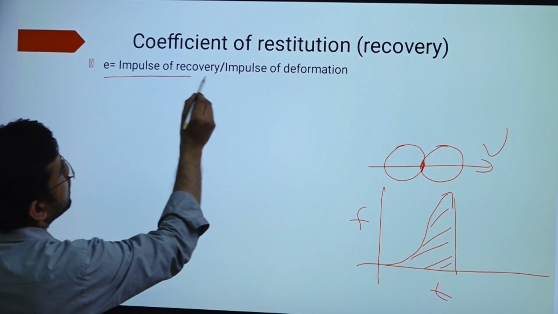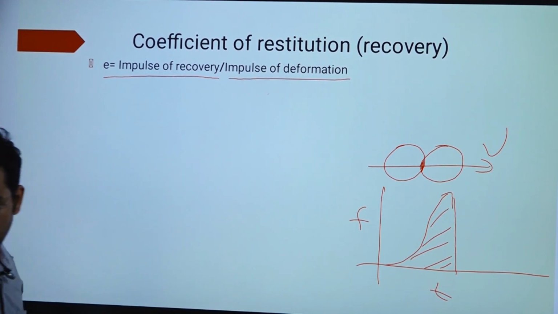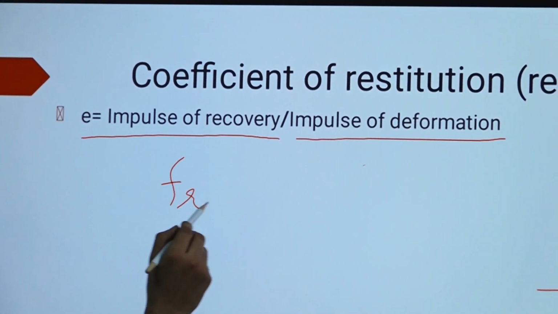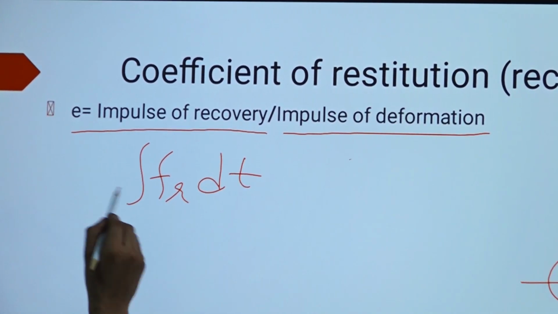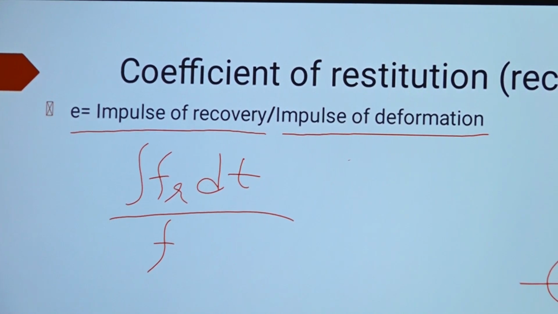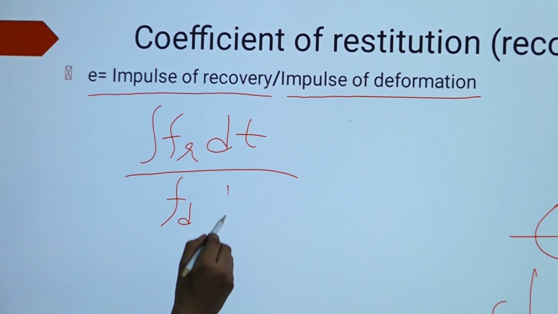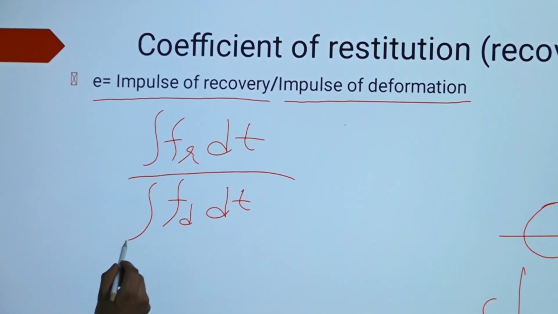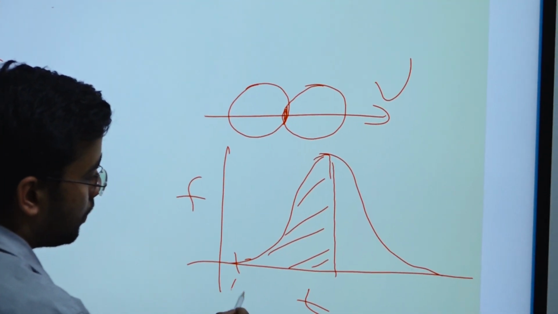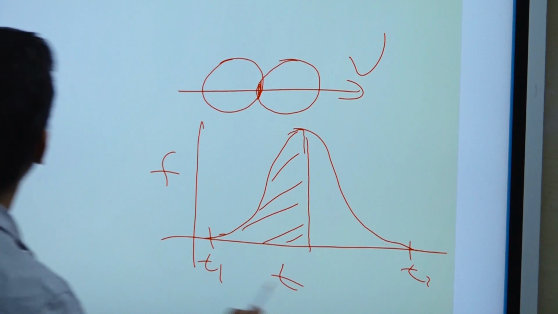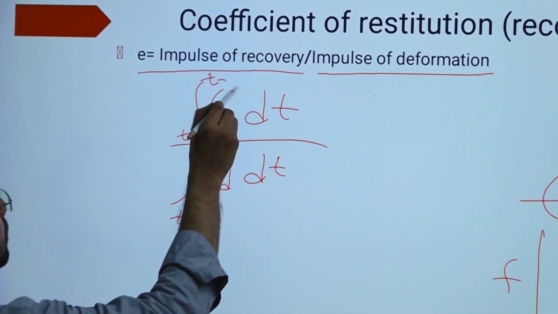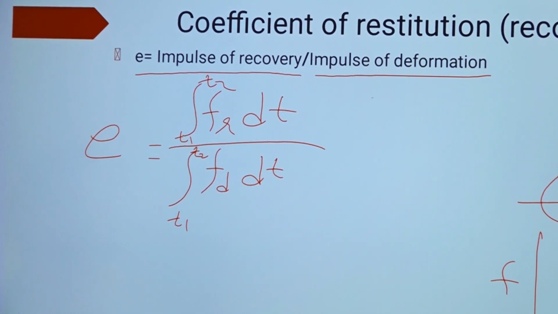E is equal to impulse of recovery divided by impulse of deformation, right? So what is the meaning of impulse of recovery? Force during recovery dt divided by force during deformation, we can say Fd dt, and you will integrate it from t1 to t2, and that is equal to E, right?